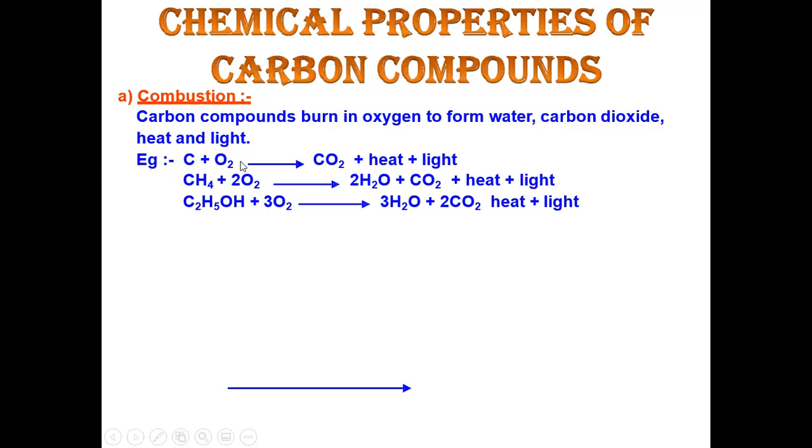When carbon reacts with oxygen, carbon dioxide forms and heat and light evolve. When methane reacts with oxygen, water and carbon dioxide form and heat and light evolve. Same in the case of C2H5OH.